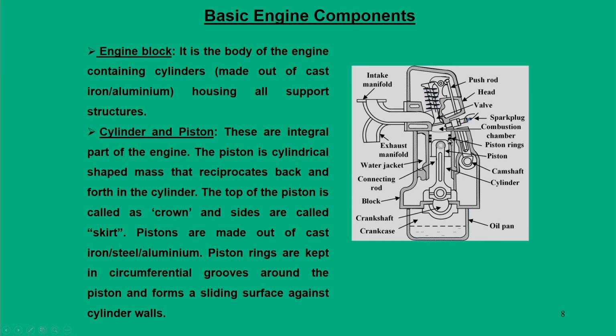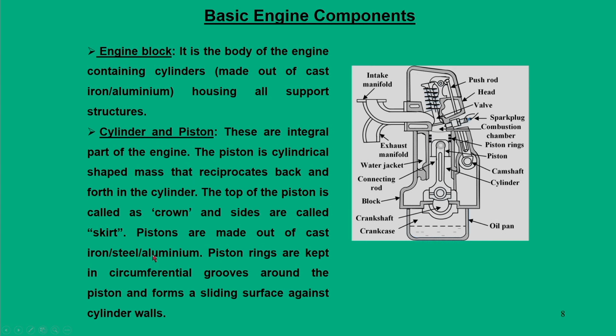This allows the smooth motion of the piston within the cylinder. This cylinder and piston are the integral parts of the engine. The piston is a cylindrical-shaped mass that reciprocates back and forth within the cylinder. The top part of the piston is called the crown, and the sides are called the skirt.